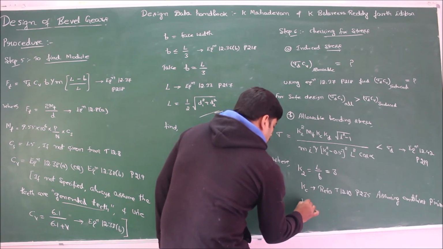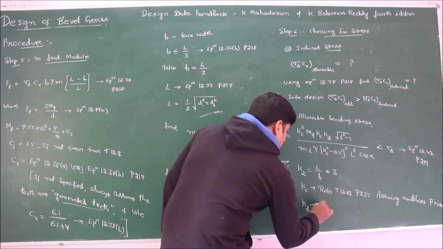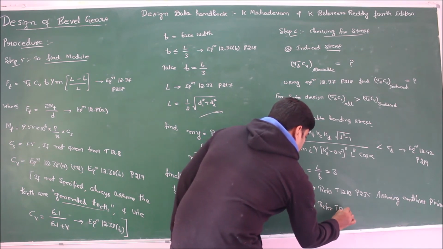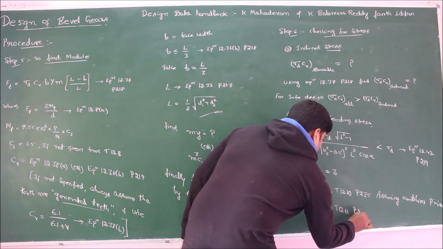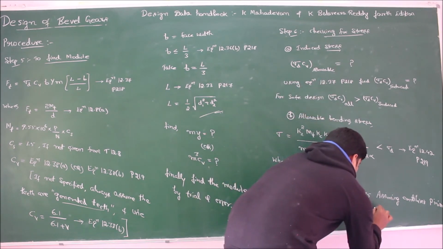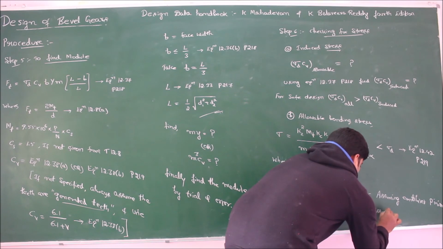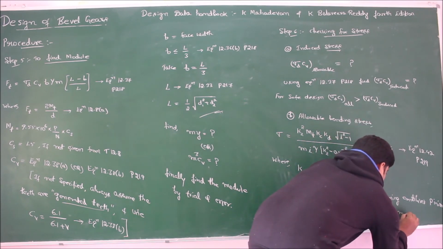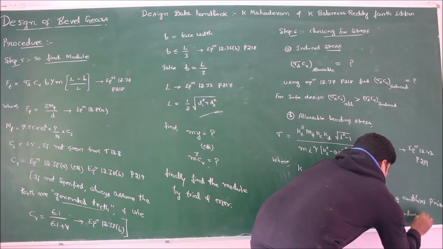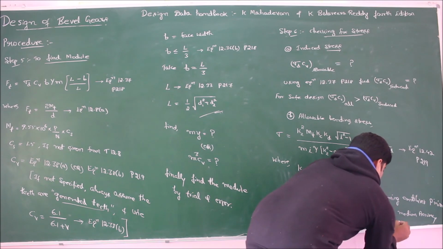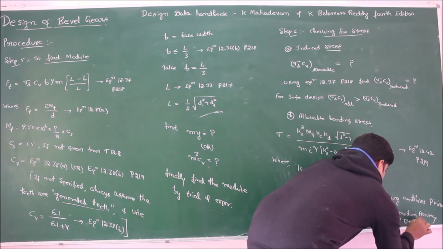Whereas for the value of Kd, refer table 12.11, page number 236, assuming medium accuracy of teeth and BHN greater than 350.